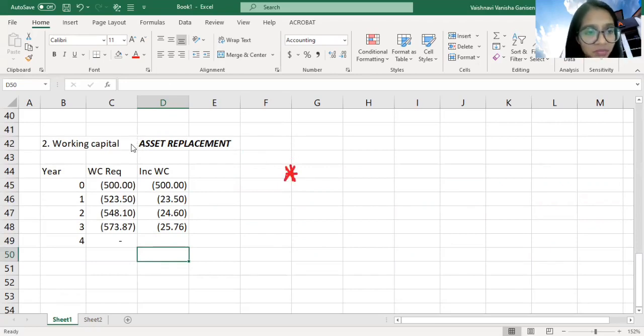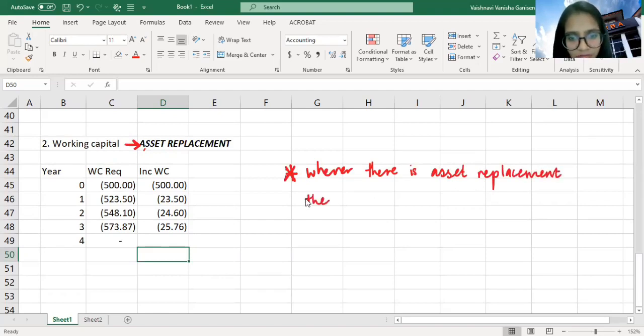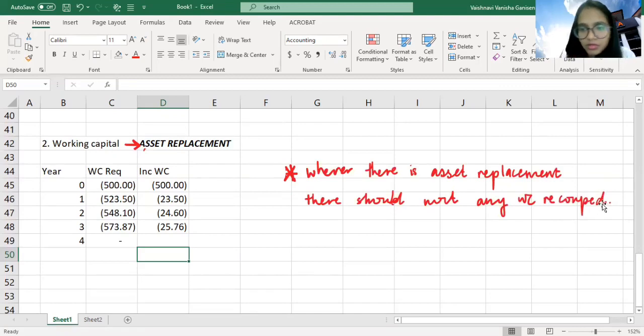So whenever you are doing it, please write this first, asset replacement, because if not, you surely will make the mistake. What I want you to do is, whenever there is asset replacement, there should not be any working capital recouped.